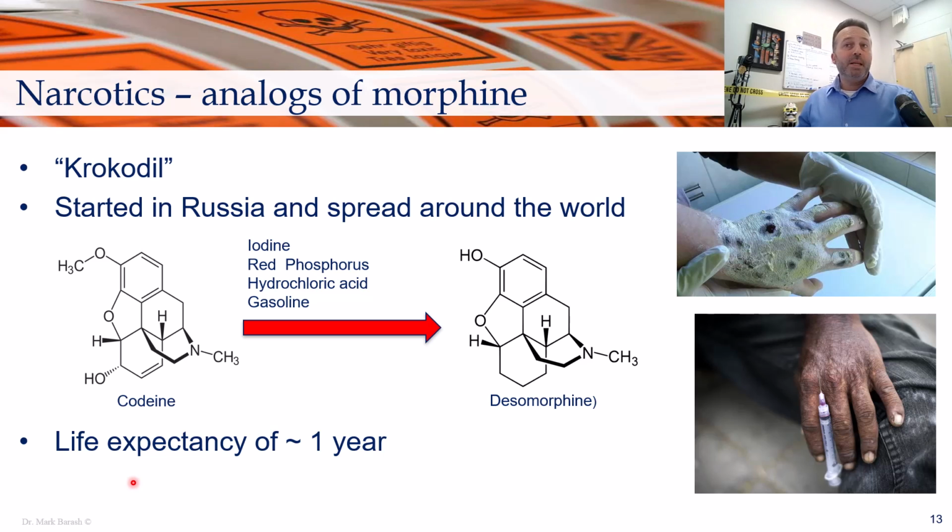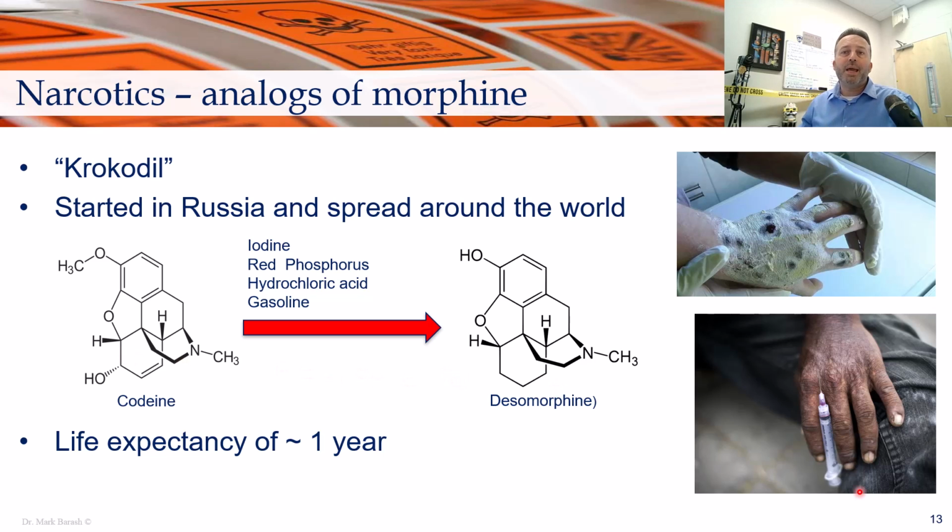So again, there are many different analogs of morphine. Some are more potent in their narcotic effect than the original form, and some are less. For example, codeine, which we just discussed, is significantly weaker in its effect than morphine. Now, in most countries, codeine can be obtained relatively easily and often over the counter.